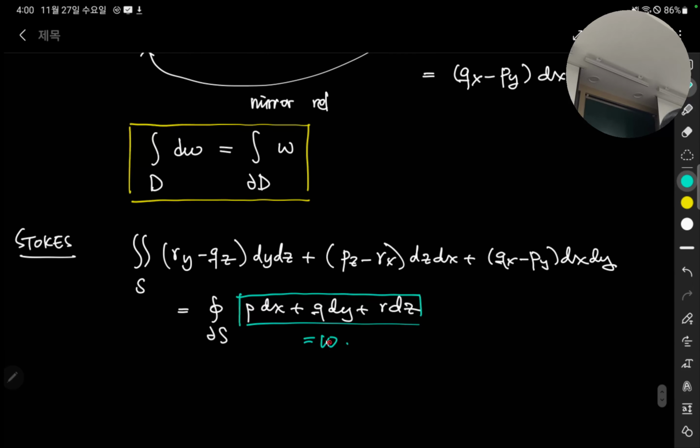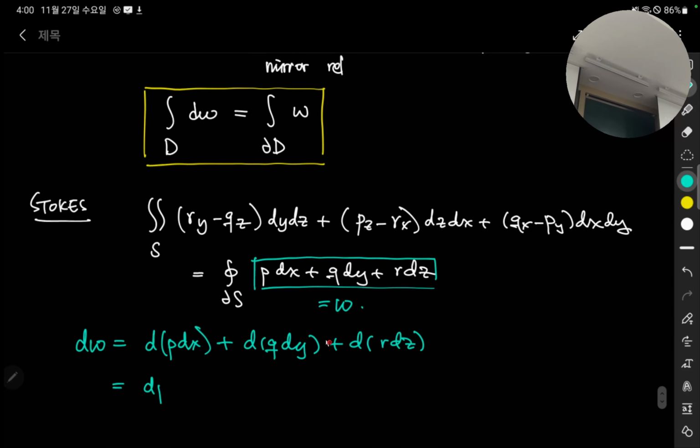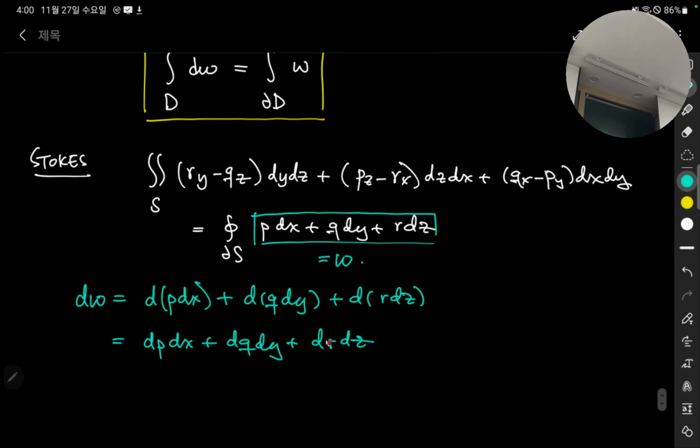And let's see what happens when you take the differential of this one-form, d omega. As I said, it splits into the sum of each component: dP dx, dQ dy, dR dz.